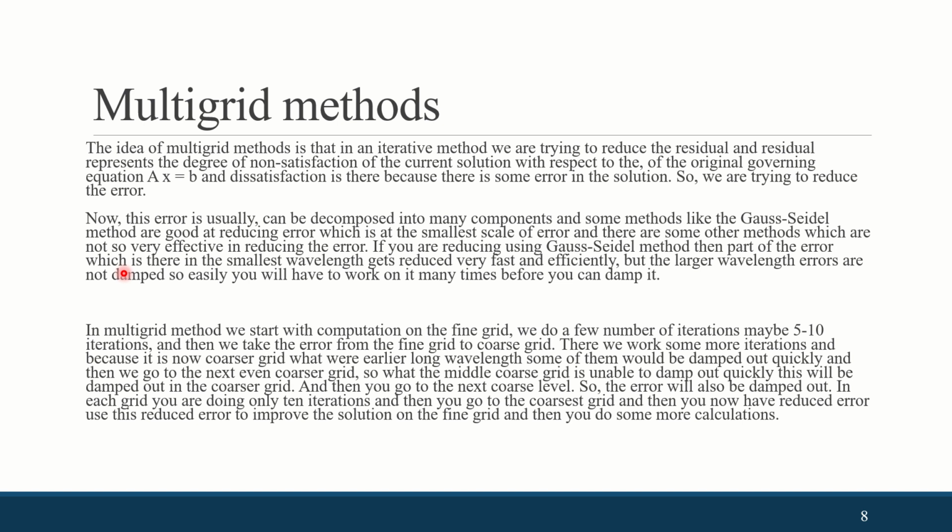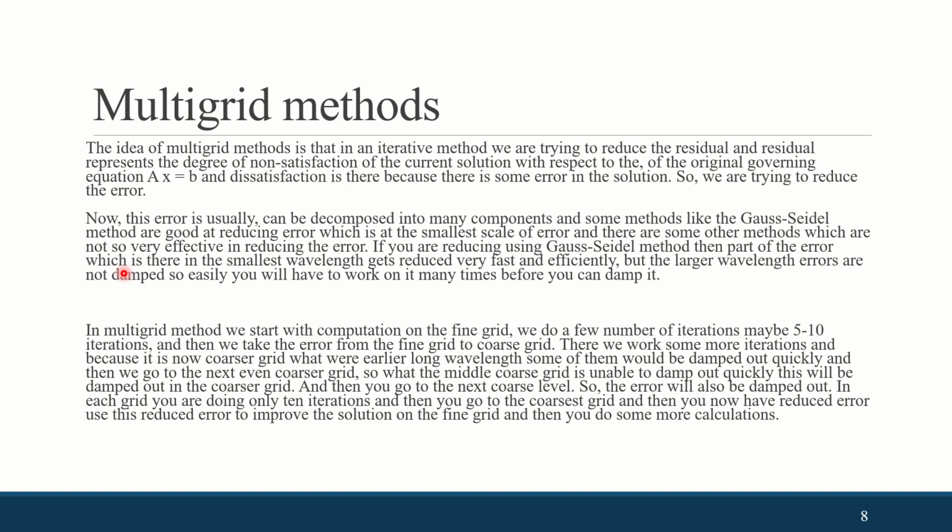So basically a residual would be there, which is the difference between the original solution of the governing equation and the solution that we are getting. This residual is because of the error, and the main motto is to reduce this residual. This error can have various components like short wavelength error and large wavelength errors.